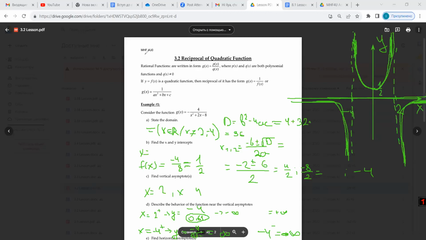It depends, but most likely on tests you won't be allowed to use a graphical calculator to find the x and y intercepts. To find the y-intercept, first of all, it's simply x equals 0. That's how to find the y-intercept. It's pretty easy.